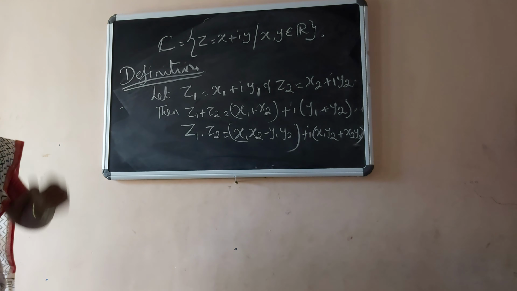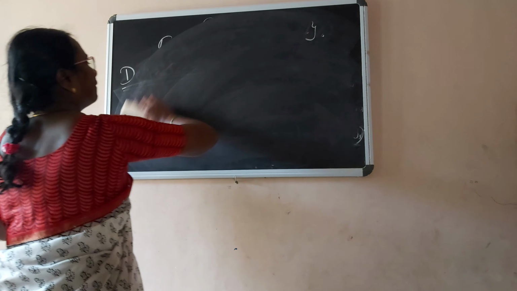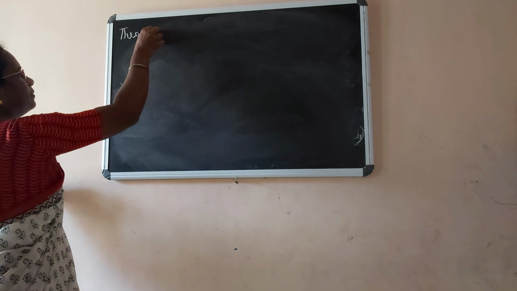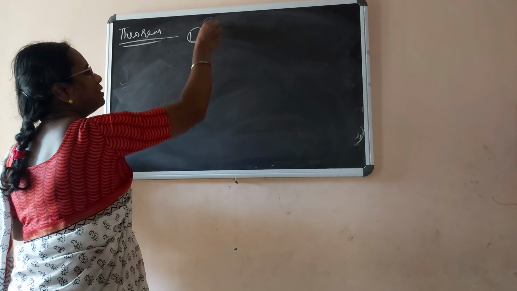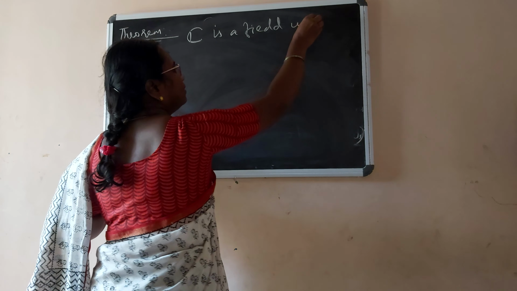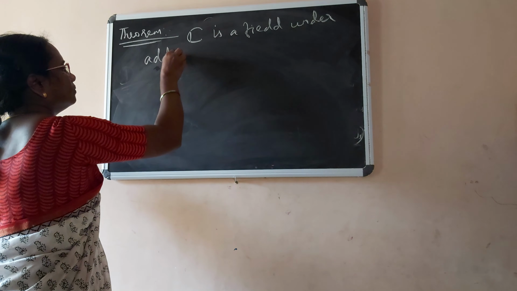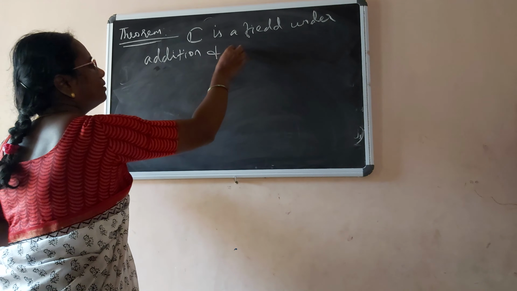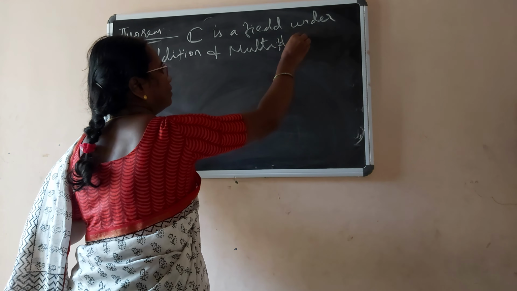Next, let us see the theorem. The statement of the theorem is: the set of all complex numbers C is a field under addition and multiplication.